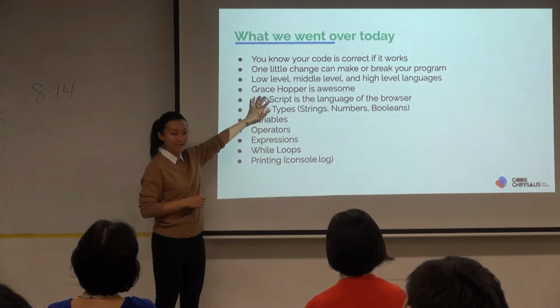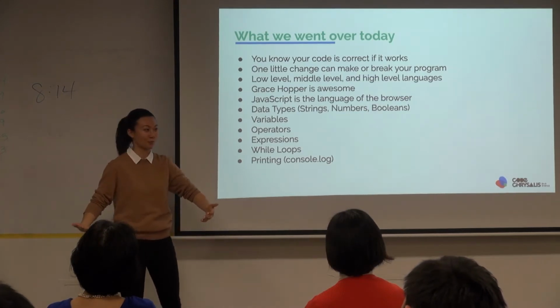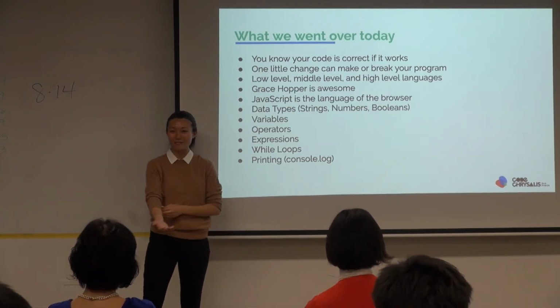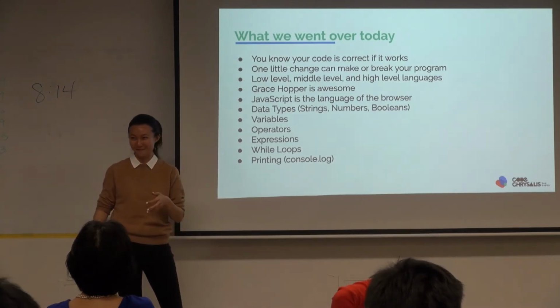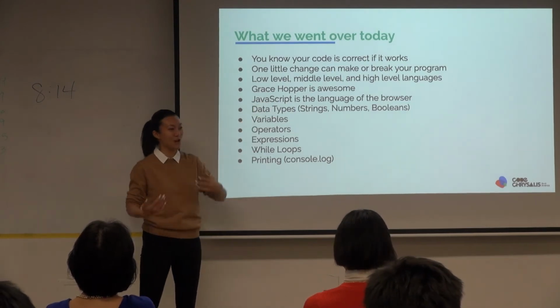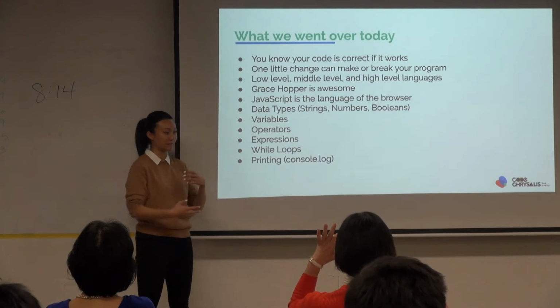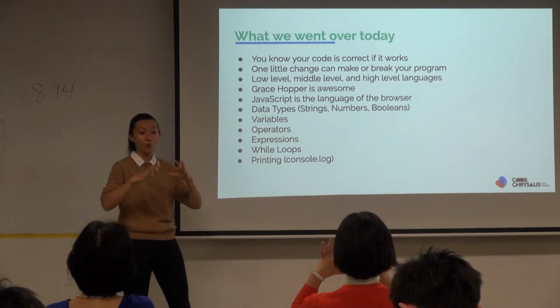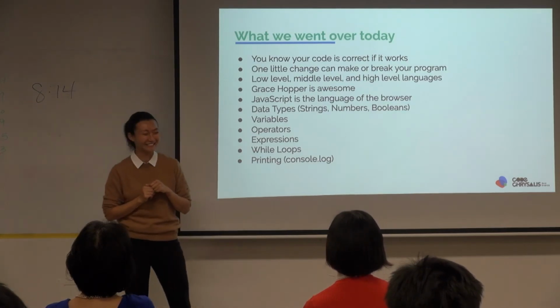We talked about Grace Hopper, so you now know a fancy historical person to mention in conversations. Grace Hopper revolutionized programming. We learned about JavaScript, which is used in your browser, so you can talk about anything related to websites and throw in JavaScript.